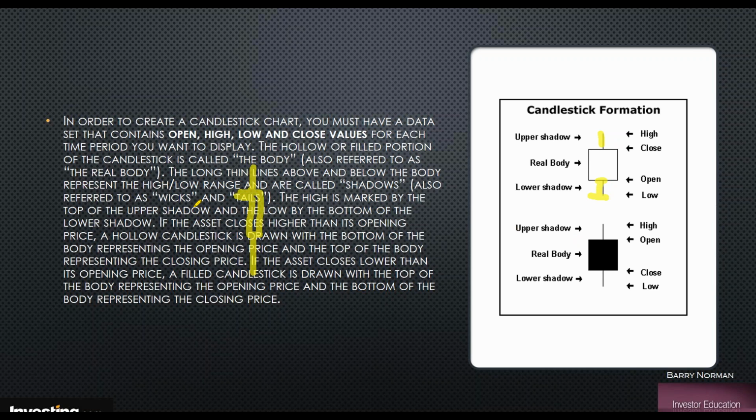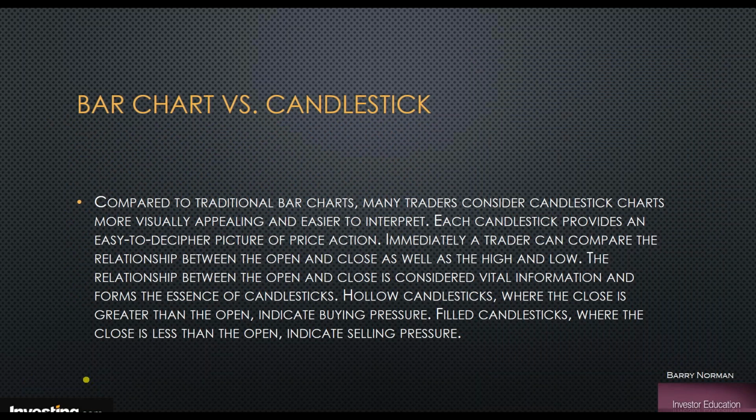So we have 4 basic pieces of data, the open, the high, the low, and the close, but then we get to see a whole bunch of stuff based on the size of the candle and the length of each wick.